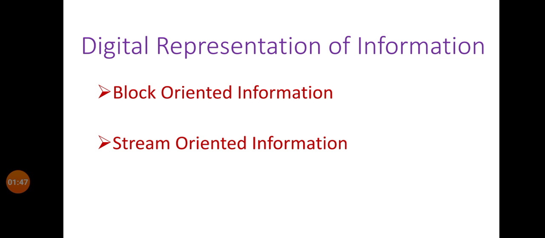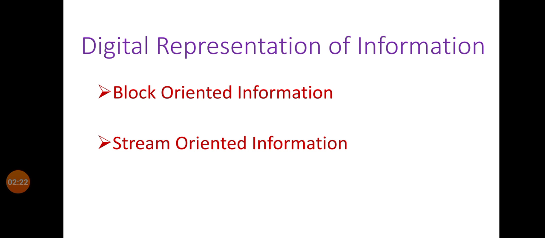Now start with the very first concept of the second unit, that is digital representation of information. Here we study how information is represented digitally. To represent the information, we use two information categories, that are block oriented information and stream oriented information. In digital transmission, the main goal is to transmit a given symbol that is selected from some finite set of possibilities.